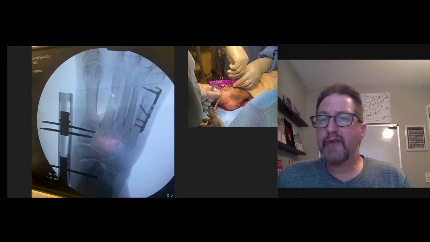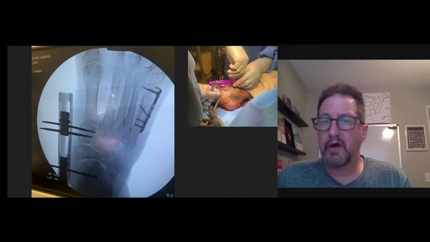So the reason for that external fixator is that this patient had too much edema for them to be able to do a primary open reduction and internal fixation. But they also needed to try to get the length back out and decompress the navicular as much as they could.